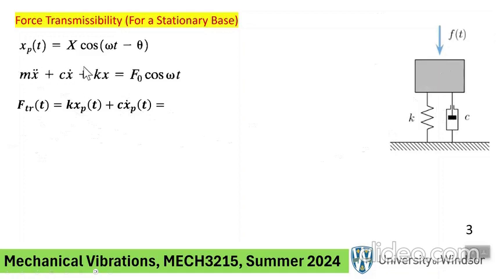So we know x is right up here. You take this thing and stick it in that equation, and you get the expression for the transmitted force as a function of time.